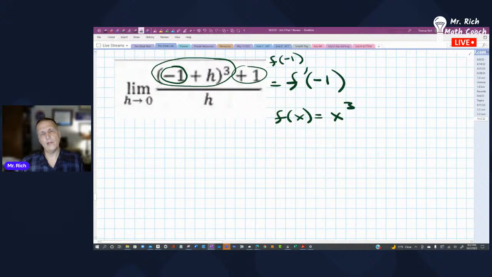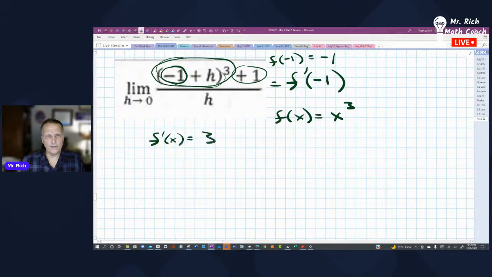Okay, and since this has to be f of x plus h minus f of x, that would be minus that -1 that would have created, because f of -1 is a -1. So if we applied the limit definition of a derivative, we would have f of x plus h minus a -1 or plus 1. So the easiest way to evaluate this is really just to take the derivative.